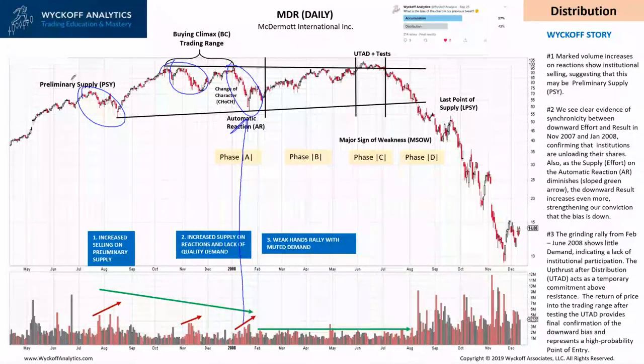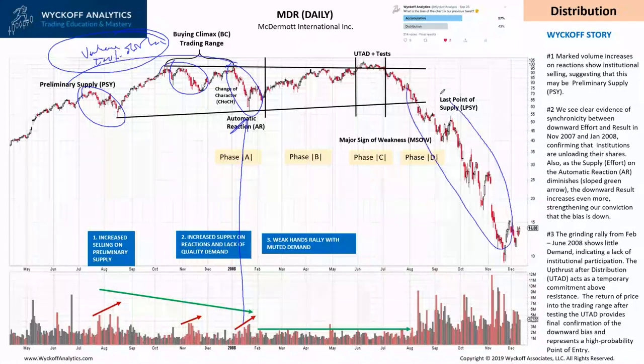Why? Because we see how the value investor distributed the stock, but it doesn't mean that other institutions didn't distribute that stock as well, right? So where did they distribute the stock? Right here on the way down. So this is the rest of the institutions.